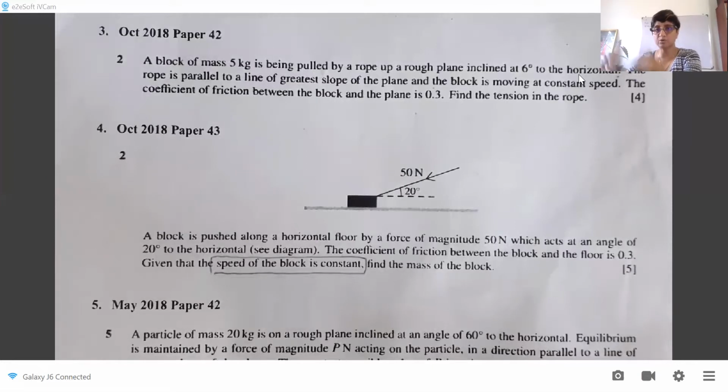If you know the motion, you can say something about the resultant force. If your object is moving at a constant speed, the resultant force has to be 0. The forces must be balanced.